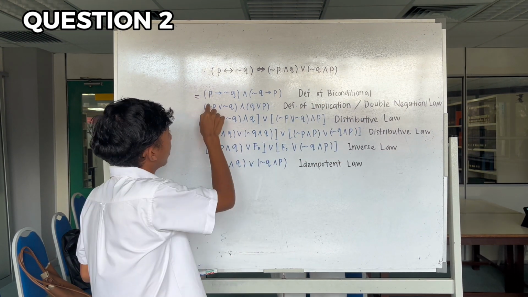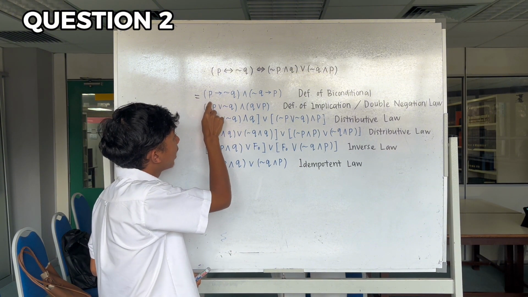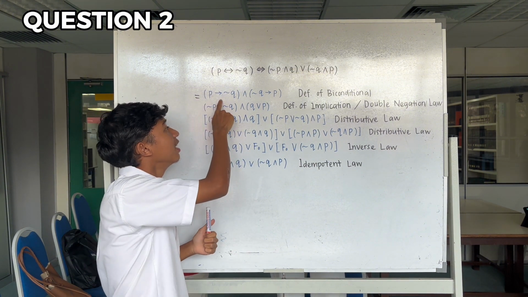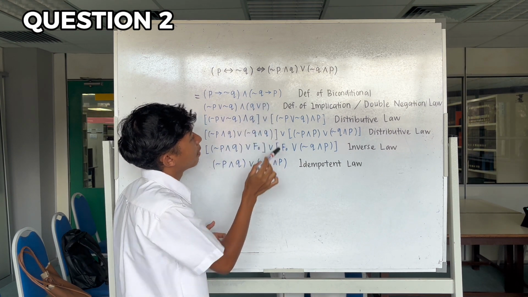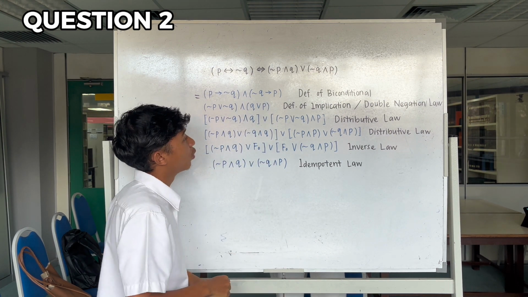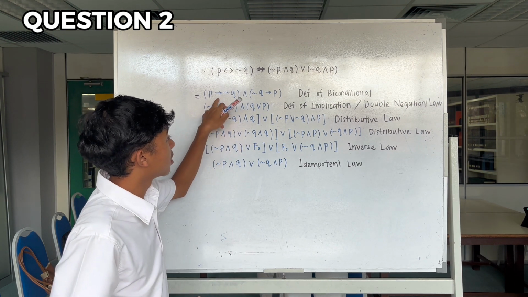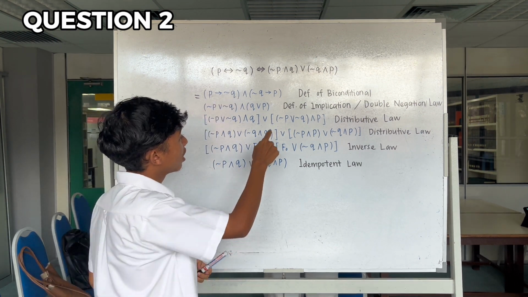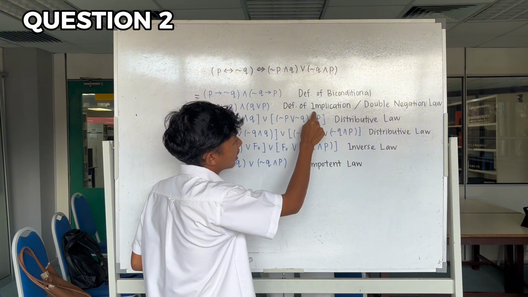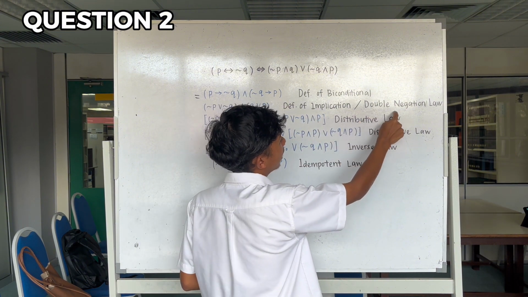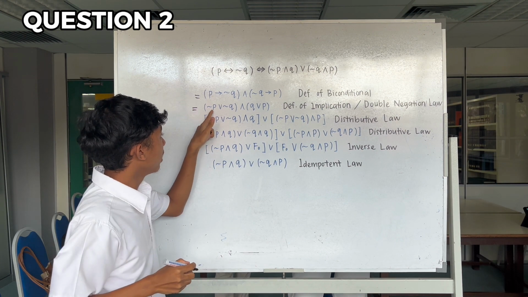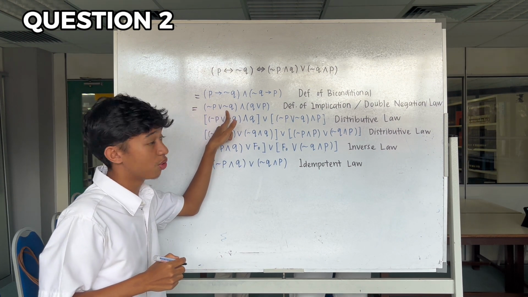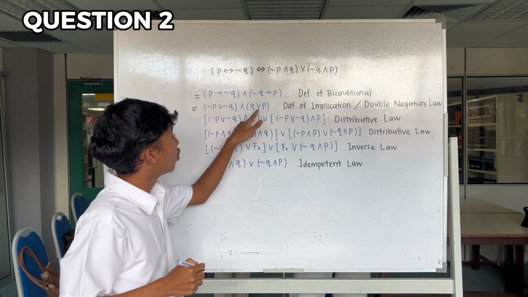And we get open bracket P implies negate Q close bracket and negate Q implies P. We also know this one is an implication, so we use the definition of implication and the double negation law. And we get negate P or negate Q and Q or P.